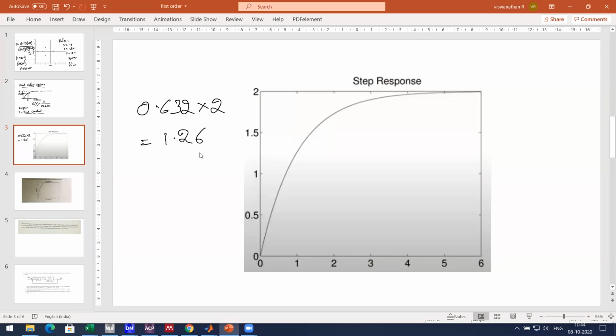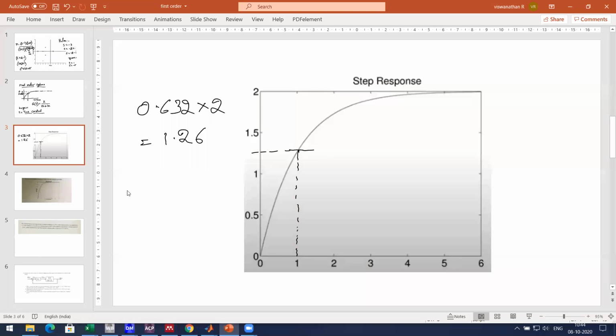Where do I mark it, on the x-axis or y-axis? Y-axis. So 1.26 somewhere over here. So 1 second is the time that it takes to reach this.